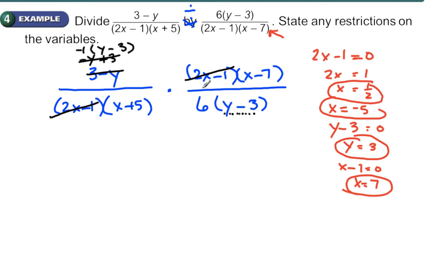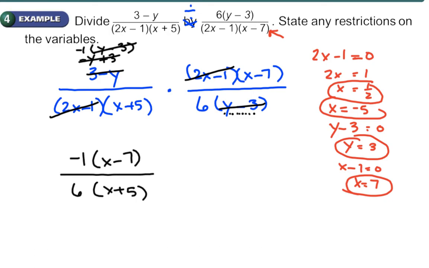And this matches that. So let's do that. And then we're left with negative 1, x minus 7 in the numerator, all over 6 and x plus 5 in the denominator. The restrictions: x cannot equal 1/2, negative 5, or 7, and y cannot equal 3.